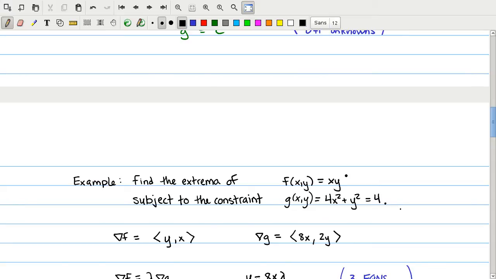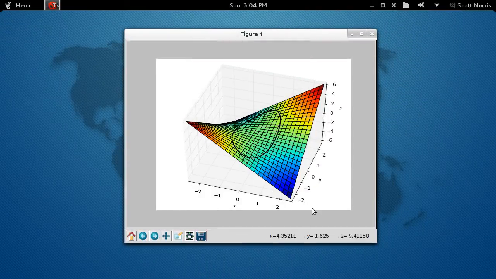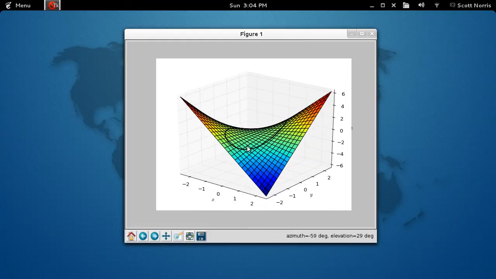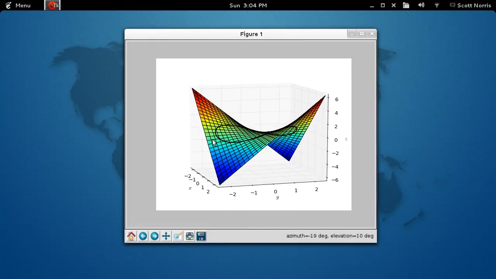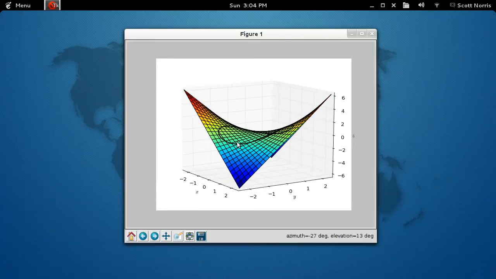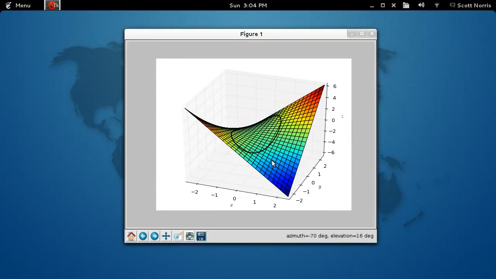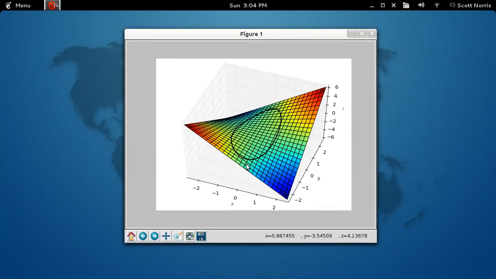And so if we now visualize that for a moment, here is a surface plot of the function. We see that it is generating some sort of saddle structure. And then here superimposed on that is the ellipse itself. And so we're forced to stay on this ellipse and find the largest and smallest values of the surface plot function, f.